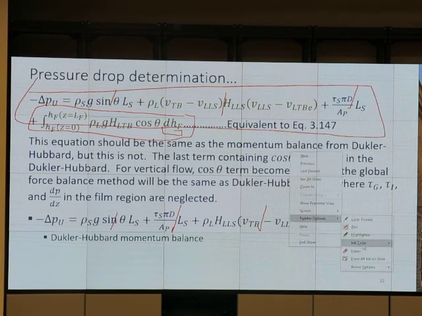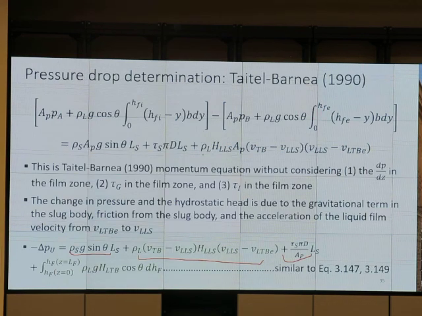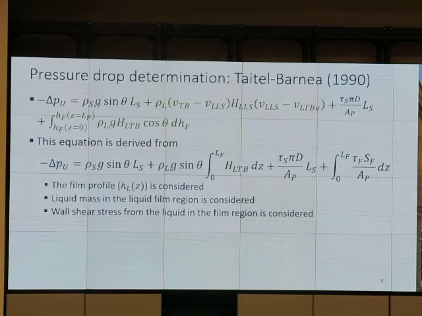Maybe too much. So from this equation, let's compare against the original force balance. This is the original force balance and this is that equation. Compare them. We keep in mind that that equation is from the original form.